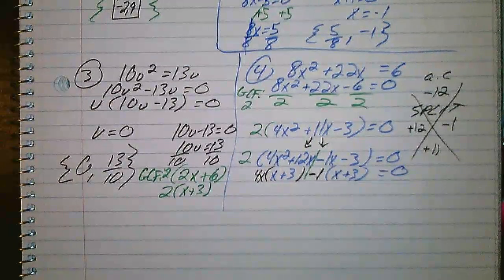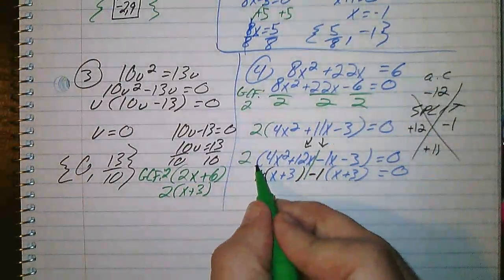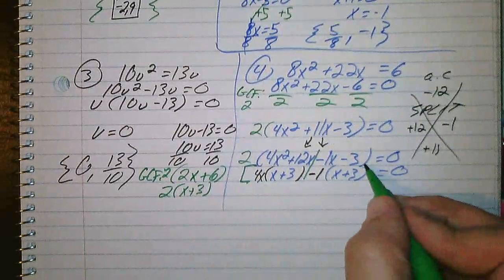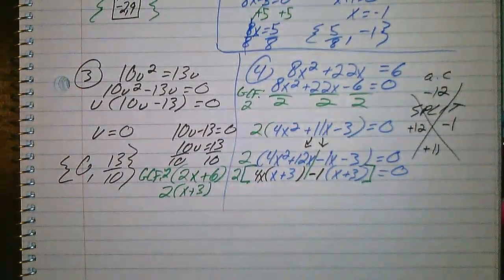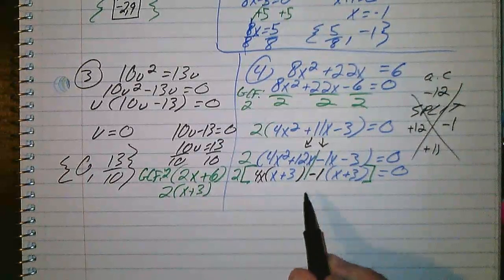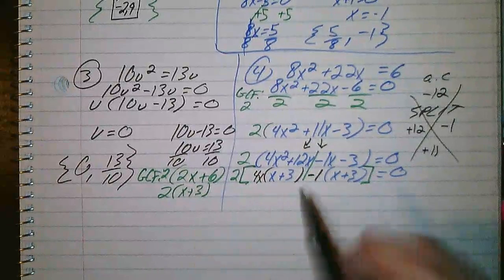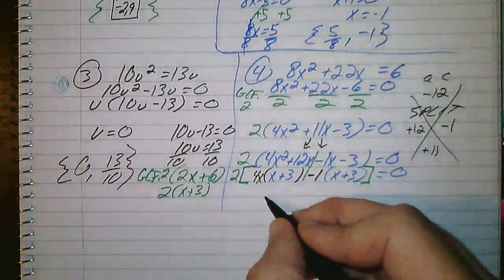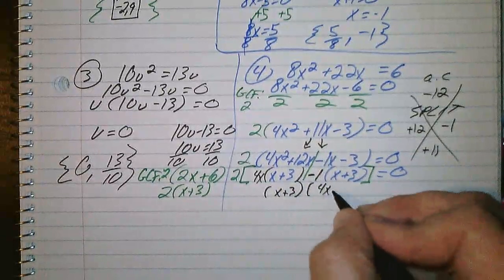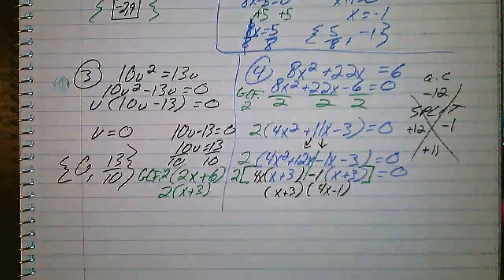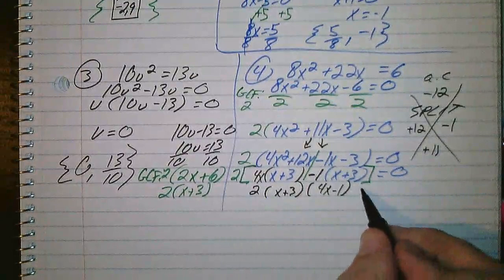We are still set equal to 0. We do have this GCF. I'll put these brackets. Brackets are the same as parentheses. But as we put together our factors that make up the solution, we have the x plus 3 times 4x minus 1, and we do have this 2 out front.